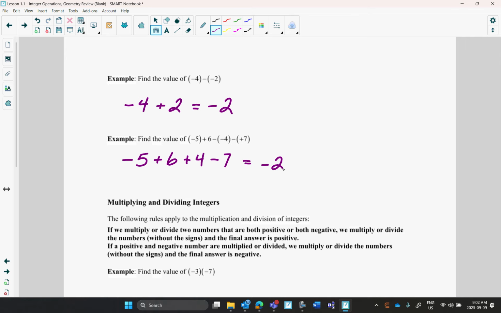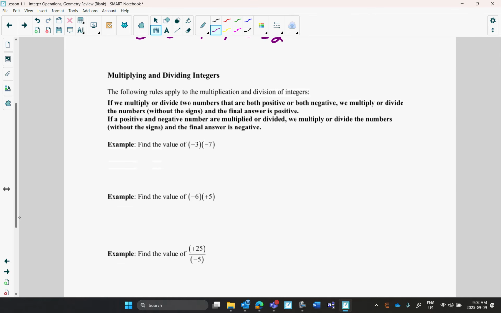So really, all you have to do with these ones is just 3 times 7, and is the answer positive or negative? Yeah, so it'd be positive. Next answer? Negative 30.